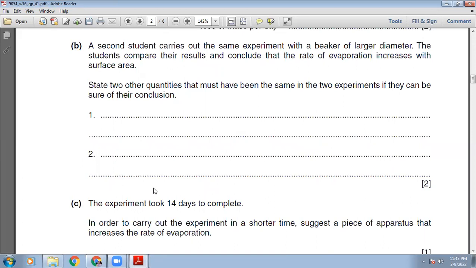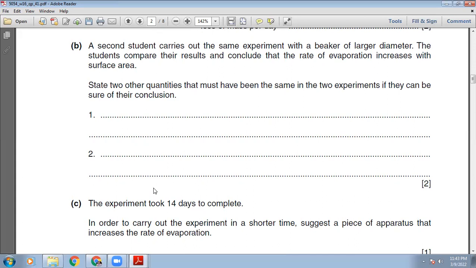A second student carries out the same experiment with a beaker of larger diameter. The students compare their results and conclude that the rate of evaporation increases with surface area. State two other quantities that must have been the same in the two experiments if they can be sure of their conclusion. You see, for a fair comparison, both the experiments should be carried out at the same room temperature.